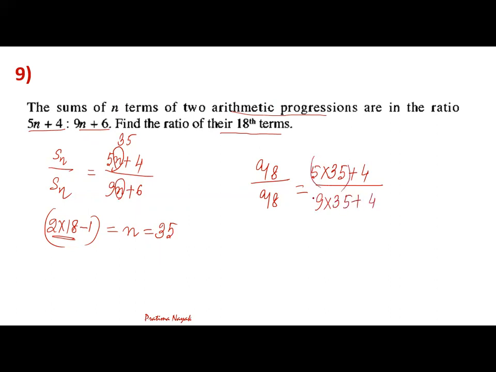First multiply, then add. 5 times 35 is 175, plus 4. Upon 9 times 35 is 315, plus 6. So what will be the answer? 179 by 321. This is the ratio of the 18th terms.